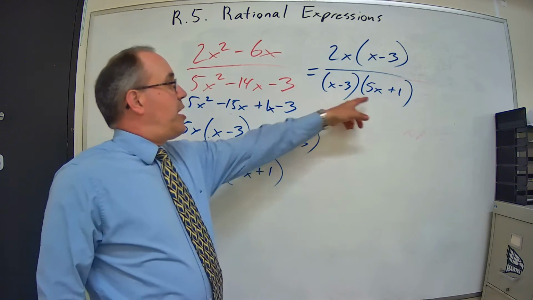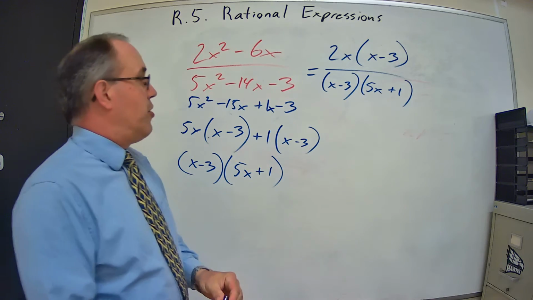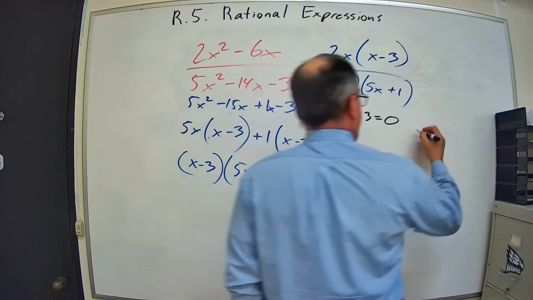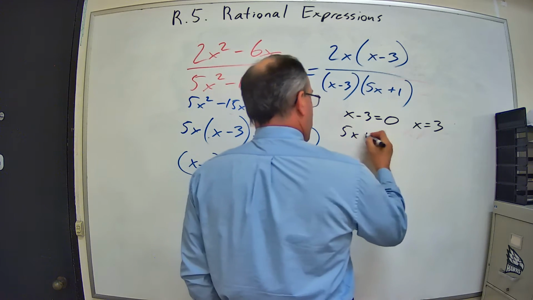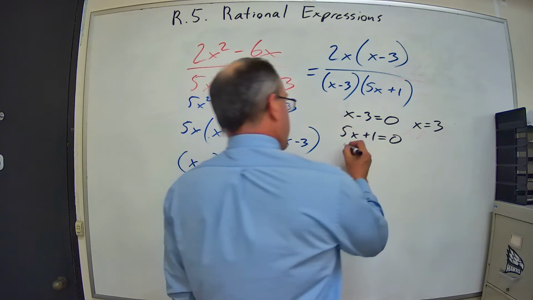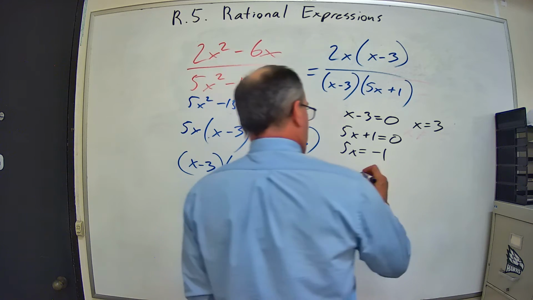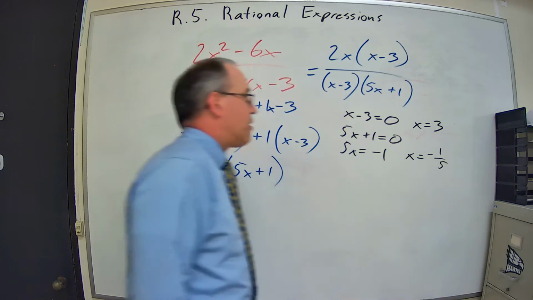So the domain, we want to make sure the denominator is not equal to 0. So if x minus 3 is equal to 0, that happens when x is equal to 3, and 5x plus 1 equal to 0. So when 5x is equal to negative 1, or x is equal to negative 1/5.